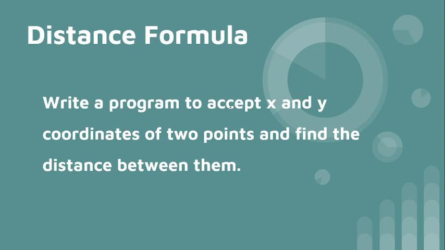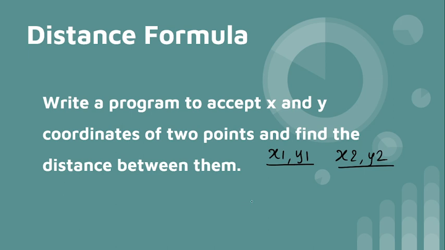So I would require x and y coordinates of 2 points. Let us say the first one will be x1 y1. That's how you have to accept. When you ask the user the coordinates of the first point, you will take it as x1 and y1, and for the second one it has to be x2 y2.